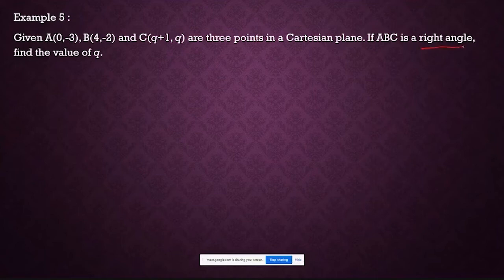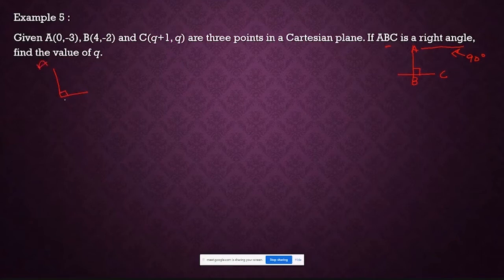Right angle means 90 degrees. So when you draw the lines, you have the angle at B, between AB and BC.